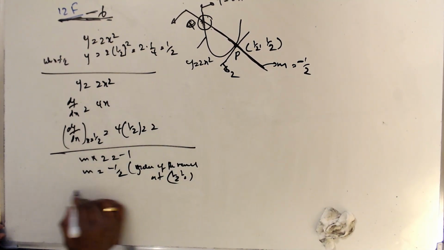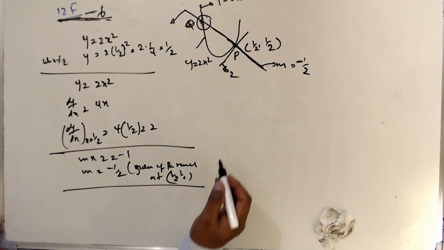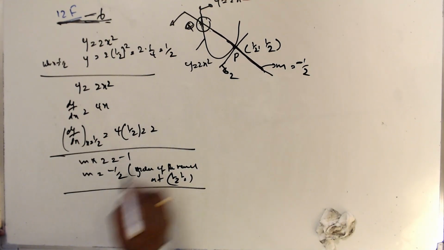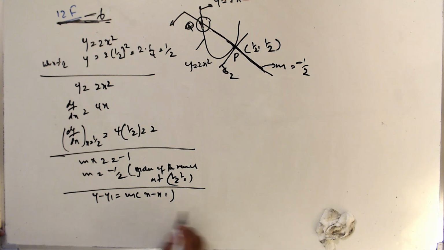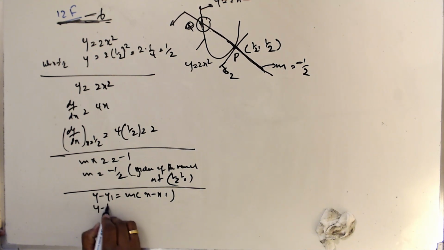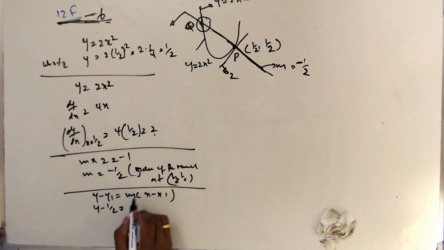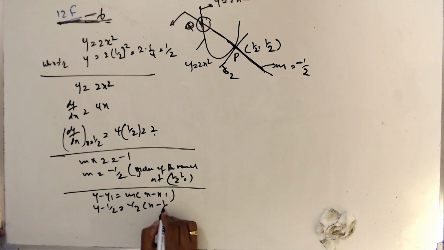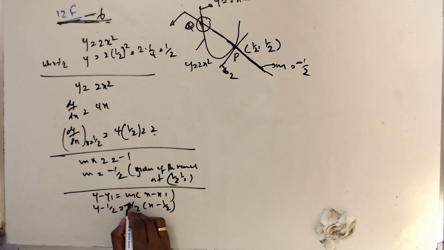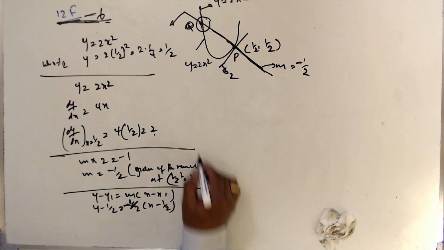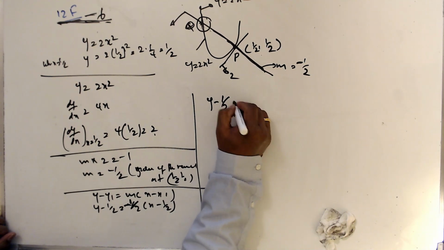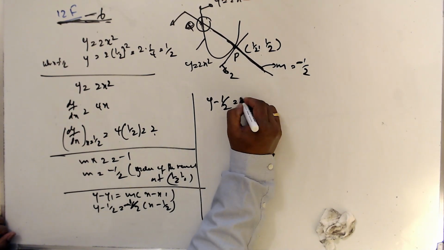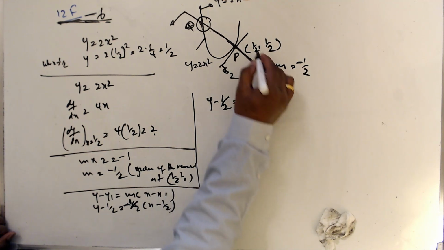Now we have to write the equation of the normal. y minus y1 equals m times x minus x1. So this is going to be y minus half equals minus half times x minus half. I will rewrite: y minus y1, half, equals the gradient, minus half, times x minus x1, again half.